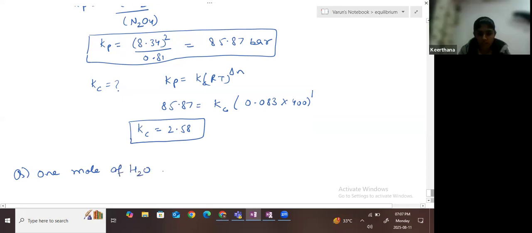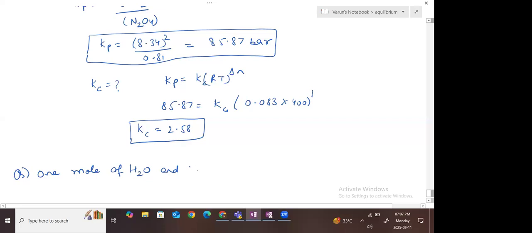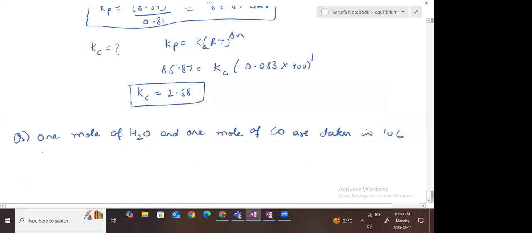1 mole of water and 1 mole of carbon monoxide are taken in a 10-liter vessel and heated to 725 Kelvin.